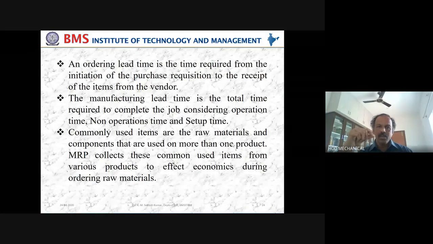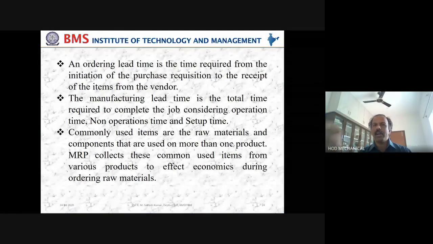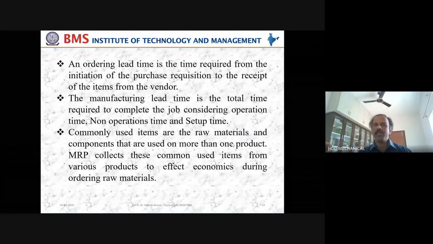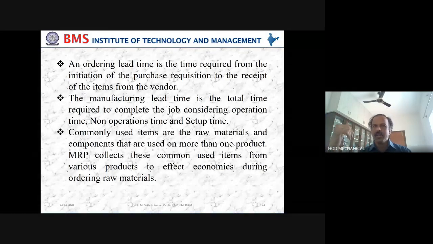Therefore, whenever you order raw material, you should make sure what the ordering lead time of your vendor is. Depending upon the capability of that particular company, this ordering lead time is going to vary. If the ordering lead time is larger than the delivery time, then it is useless for us to order the raw material from that vendor.